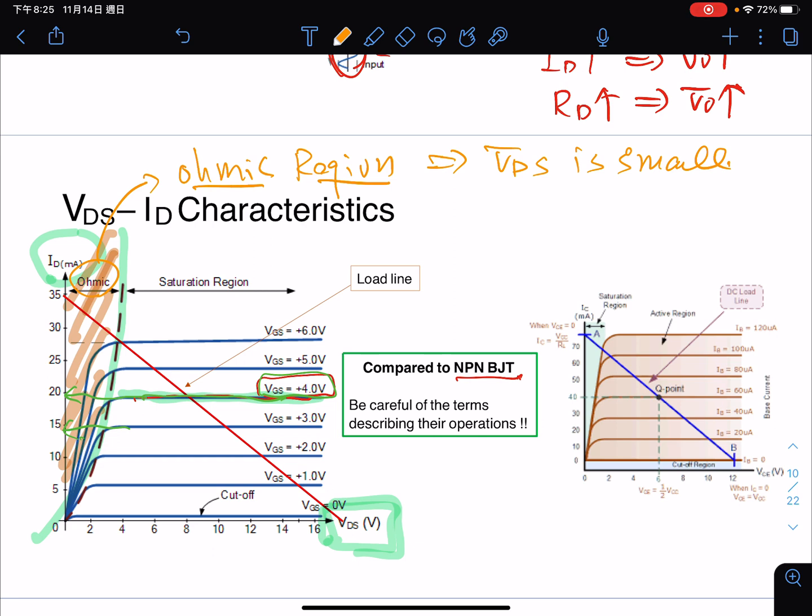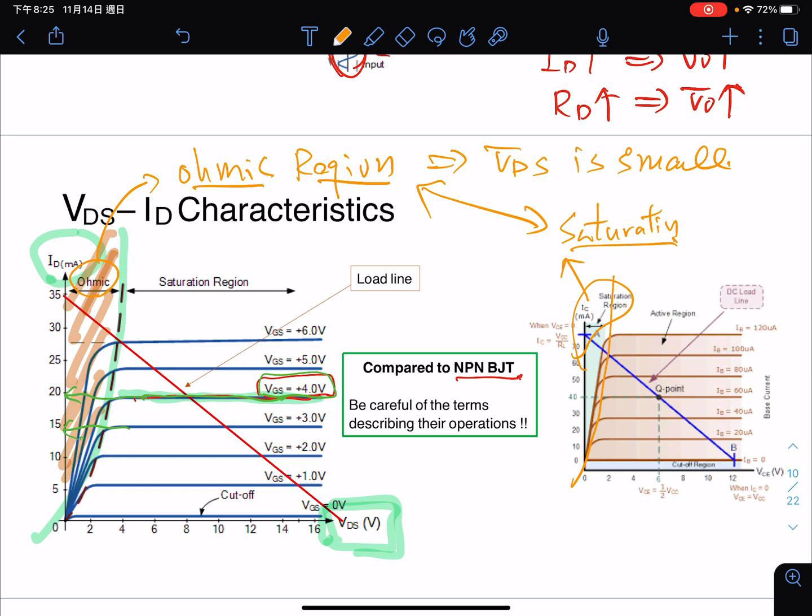And here is very much similar to the bipolar junction transistor in the saturation region. So for the bipolar junction transistor, we call this region the saturation region. And here we can compare the ohmic region of the MOSFET.